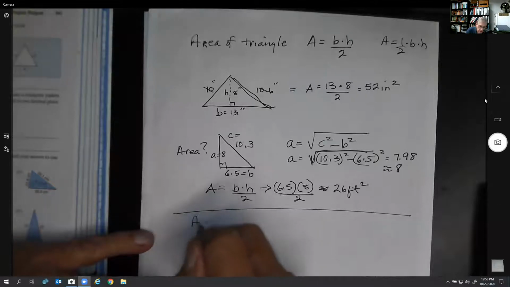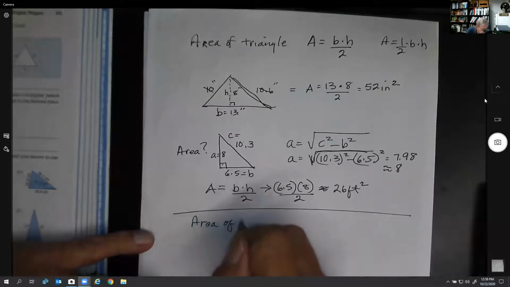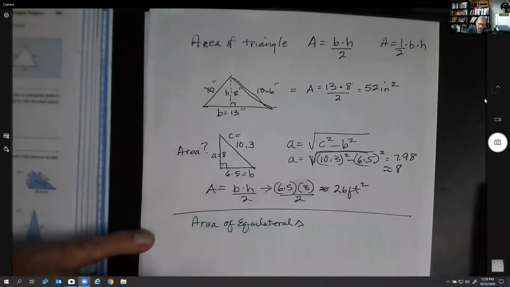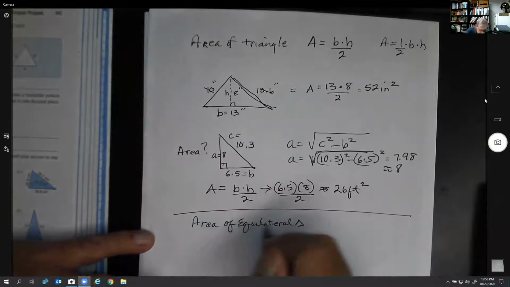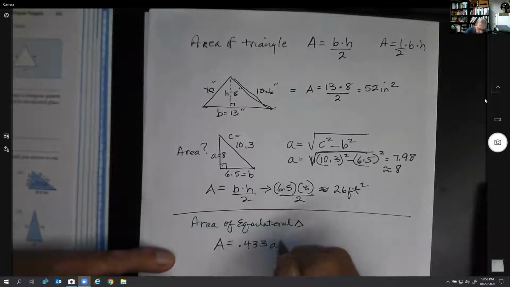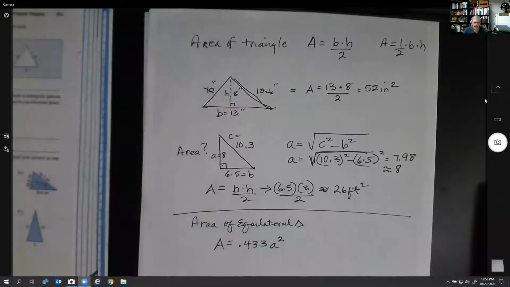The area of an equilateral triangle, and I'm going to abbreviate triangle that way, they give a fancy formula, but the formula you really want to know is A equals 0.433, kind of a constant, times A squared. And that'll give you the area of an equilateral triangle.